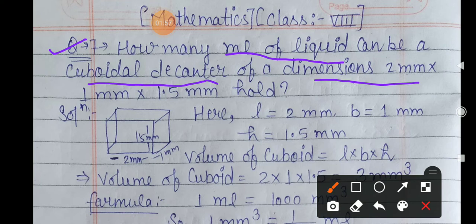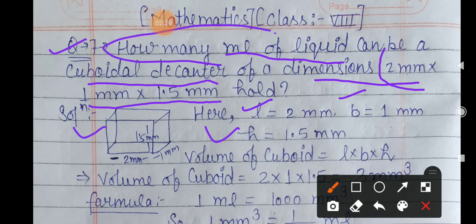So the length is 2 mm, the breadth is 1 mm and the height is 1.5 mm. With the help of these dimensions we get the length, breadth and height of that shape. Then it asks how many ml of liquid it can contain.